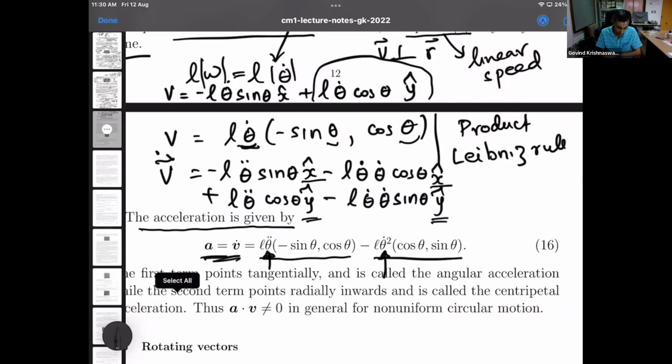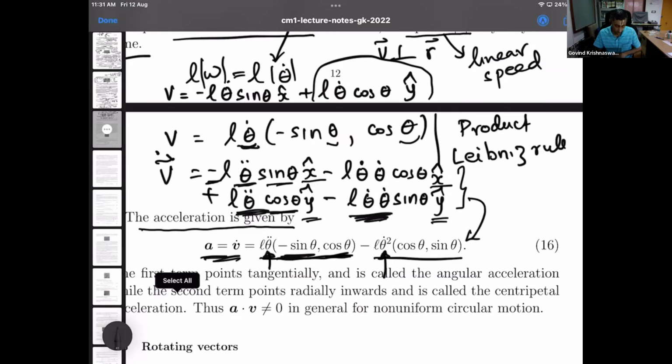You will notice that these 2 are of theta dot squared type, and these 2 are of theta double dot type. I have a minus sine theta here and a cosine theta here from those 2 terms, and then these 2 terms contribute to this theta dot squared.